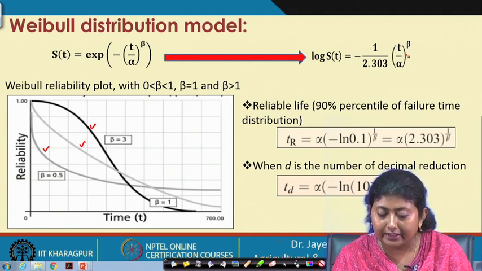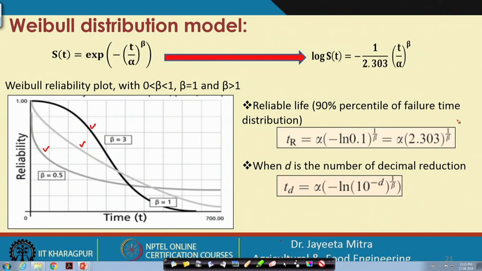The reliable life, the 90 percentile of failure time distribution, can be expressed as Tr equals alpha into minus ln 0.1 to the power 1 by beta, that is alpha into 2.303 to the power 1 by beta, and d is the number of decimal reductions. So, the time for d decimal reductions, Td, equals alpha into minus ln 10 to the power minus d to the power 1 by beta.